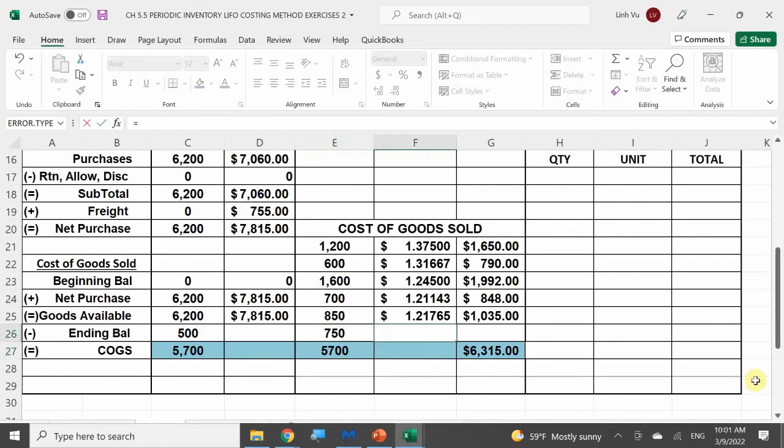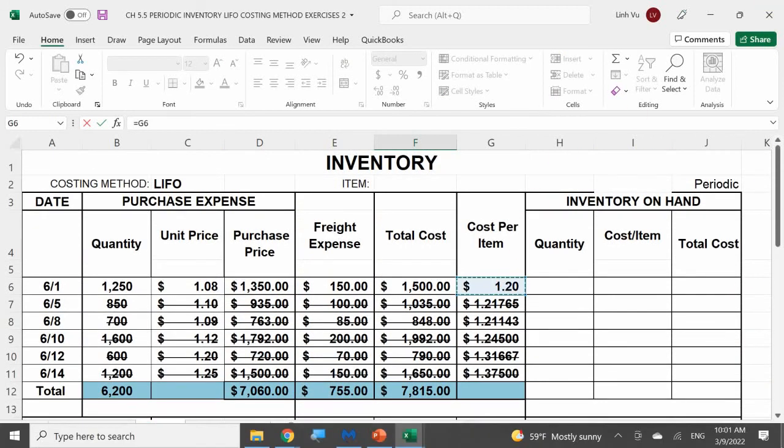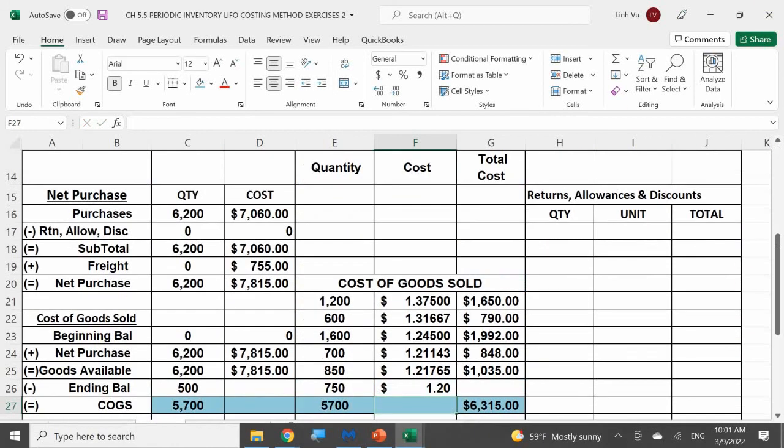And I only have one batch of inventory left. So it's going to cost me $1.20 each. So in this case, I need to solve for it because I'm not taking all of it. I'm only taking a portion of it. So I do need to calculate what 750 items at $1.20 is going to cost me.